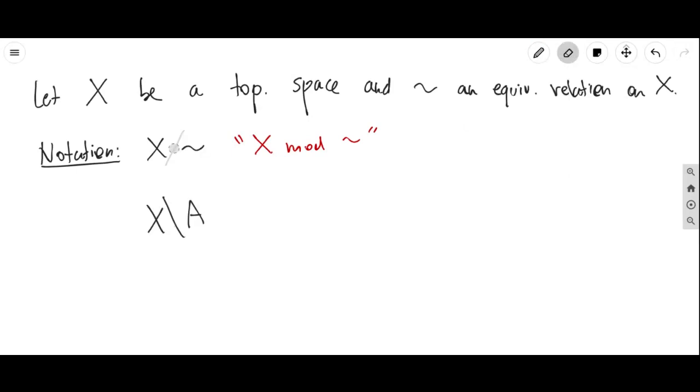So the line, this is the forward slash and that's the backslash. This would be X minus A. I'm not a fan of writing this because sometimes it's confusing. It might get confused with something else. I prefer to write it like that. So X minus A. So this is the mod. And what is this? This is the set of equivalence classes.